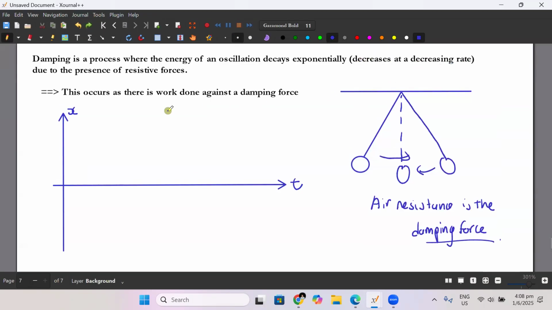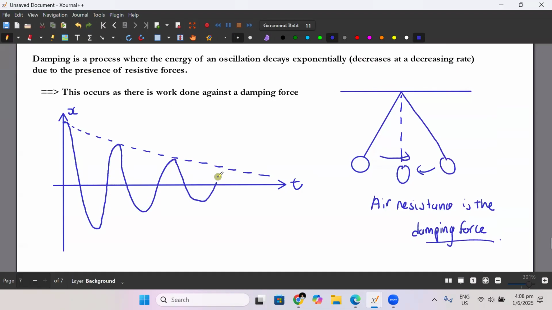Okay. So look, I will first draw what you're expected to remember, which is this. The amplitude will decay over time, like that. Will decrease at a decreasing rate. But in real life, remember, the thing is still going through an oscillation. So let's say this is the starting. Then we'll go through this, like that. So slowly decay over time.